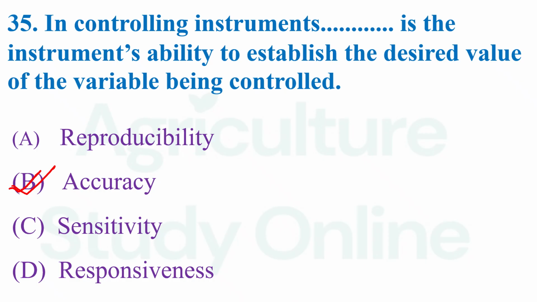Reproducibility is the ability to give the same results under different conditions. Means it focuses on consistency, not correctness, accuracy. So accuracy is the correct term, means the closeness of the measurement to the true or the desired value. Means in the control system, how well the instrument maintains the set point.